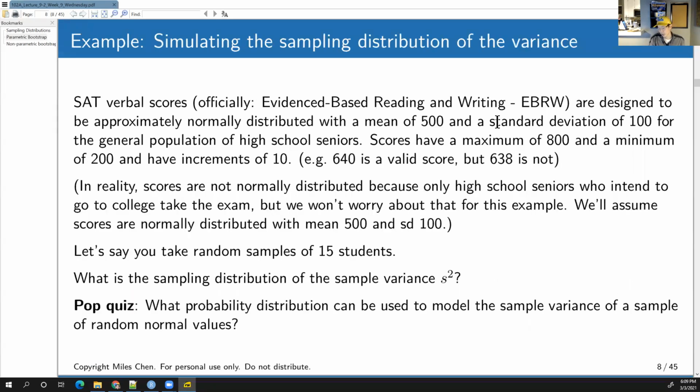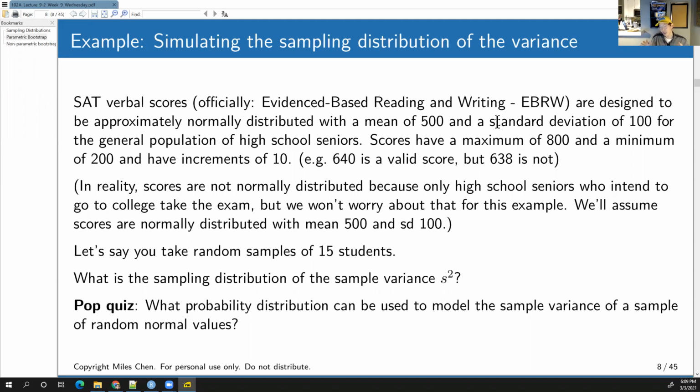And so this is an example. There's the SAT exam, and there's the math part and then the verbal part. Technically, it's called the EBRW, the Evidence-Based Reading and Writing Exam. And they are designed to be normally distributed with a mean of 500 and a standard deviation of 100 for the population of high school seniors, okay?